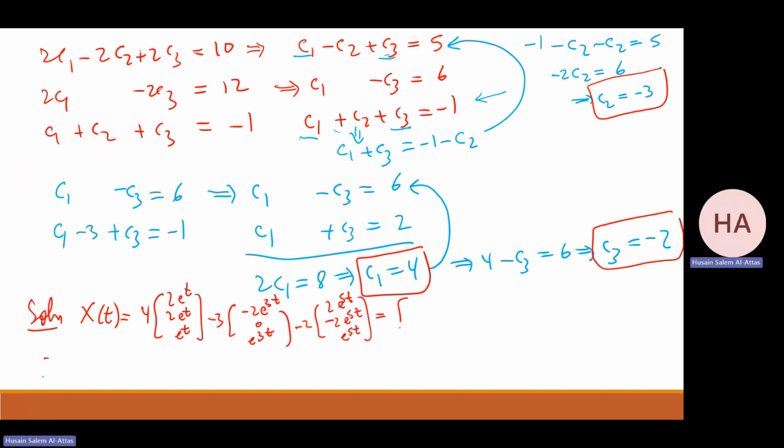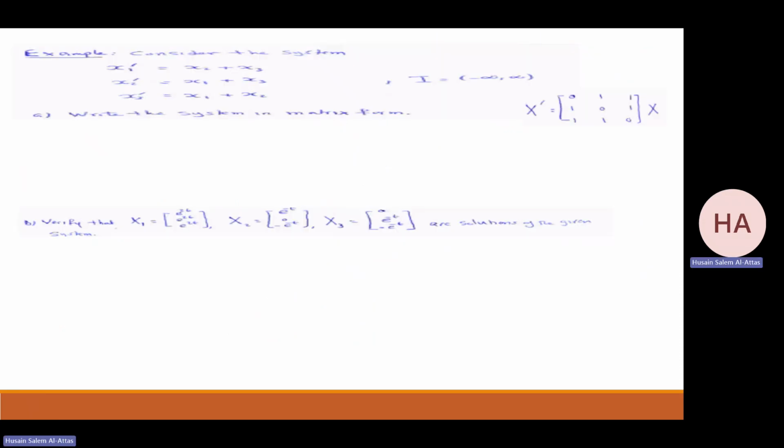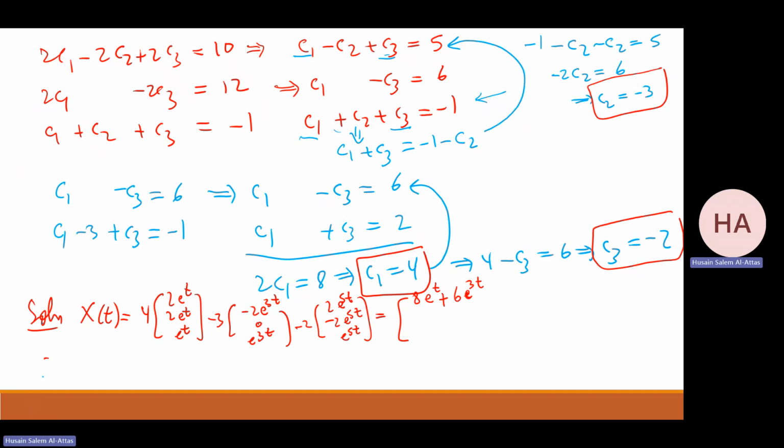And that gives me 8 e^t plus 6 e^3t minus 4 e^5t, and that will be 8 e^t, 0, plus 4 e^5t.